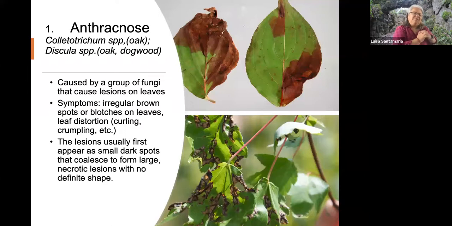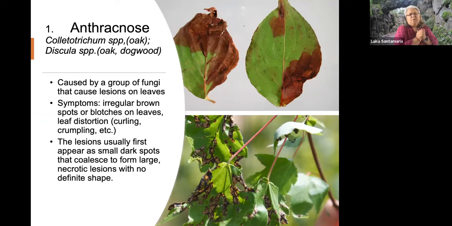Okay, let's go to the main group of these foliar diseases. We say anthracnose, but anthracnose is just the term to refer to these diseases that have leaf spots and irregular lesions.